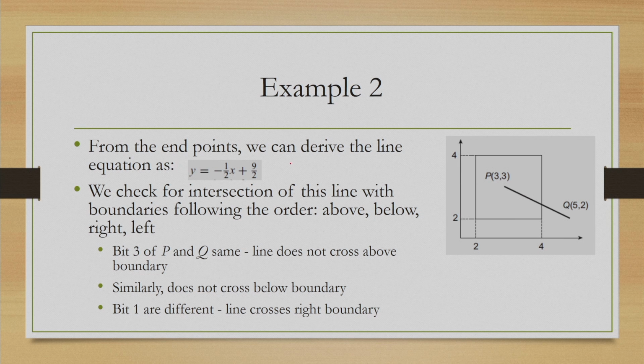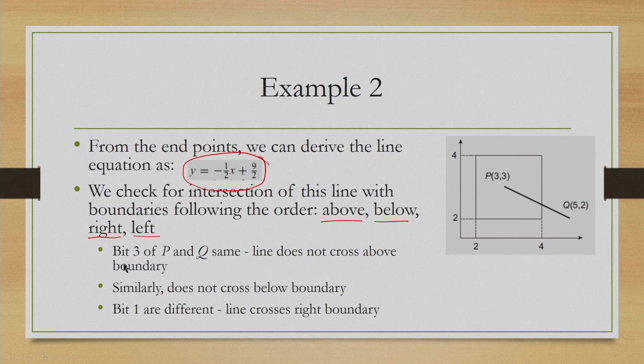From the endpoints, we can derive the line equation as shown here, and then we check for intersection of this line with boundaries in the following order. Above boundary first, then below boundary, then right boundary and then left boundary.